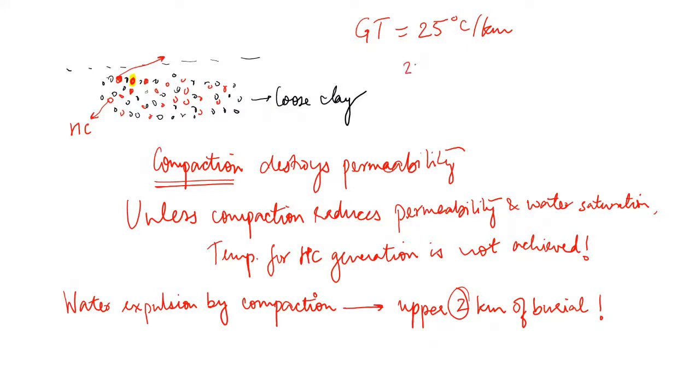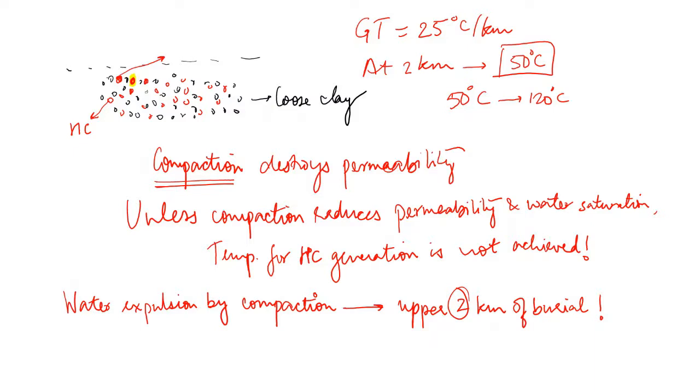So at 2 kilometer depth the temperature shall be 50 degrees Celsius. You all are aware of the oil window, that the temperature of the oil window ranges from 50 degrees Celsius to 120 degrees Celsius.